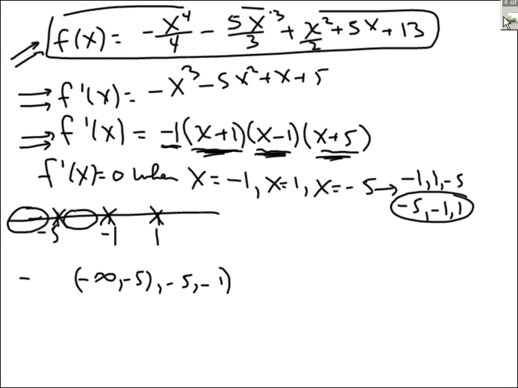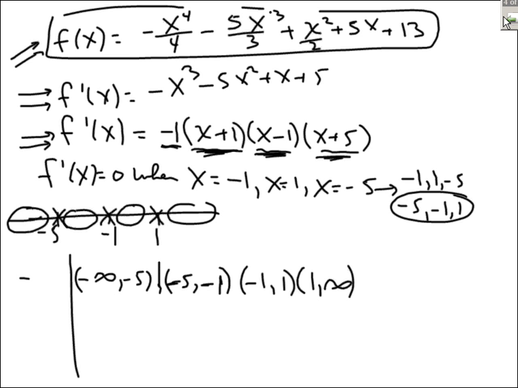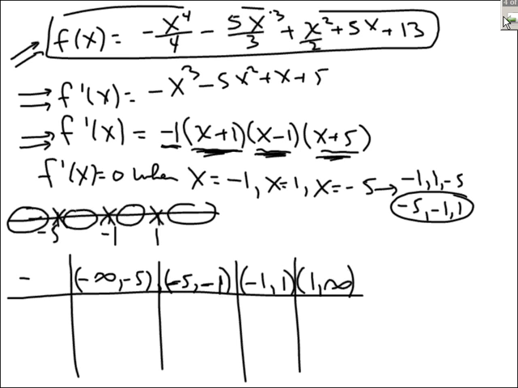And I'm putting open brackets because I don't want to include negative 5 and negative 1. We then go between negative 1 and 1. Open brackets because I don't want to include the endpoints. Then we're bigger than 1, that is from 1 all the way to infinity. And in each of these intervals, we want to see what the sign is, the plus or minus sign, of the first derivative.